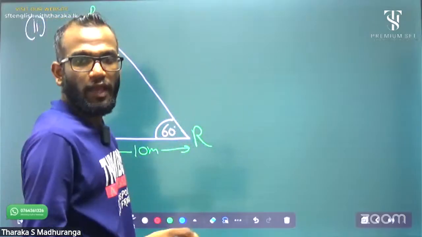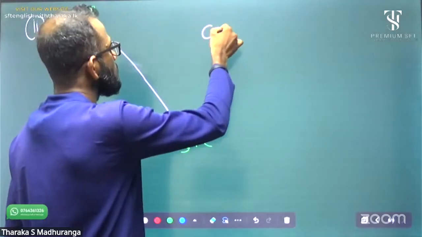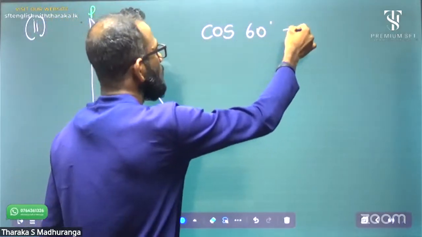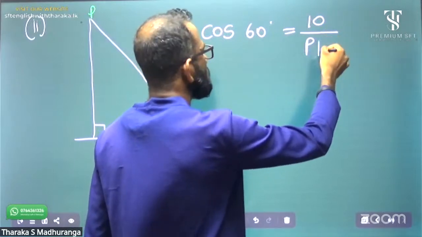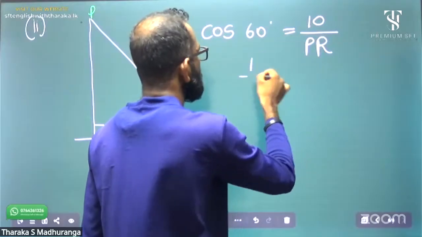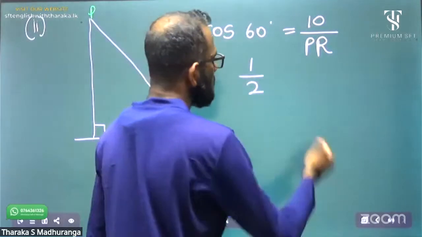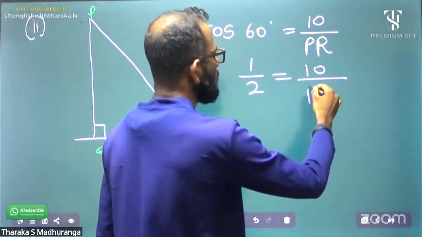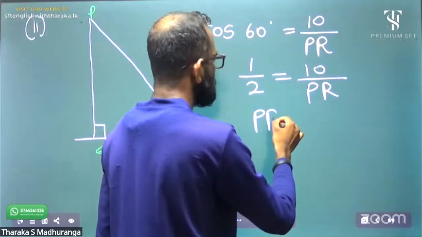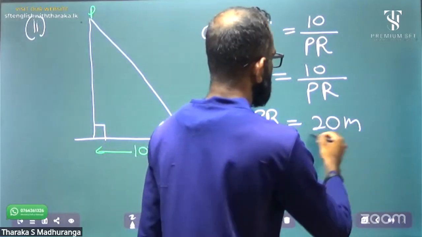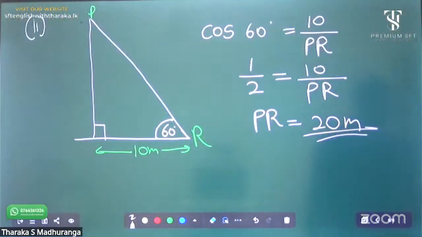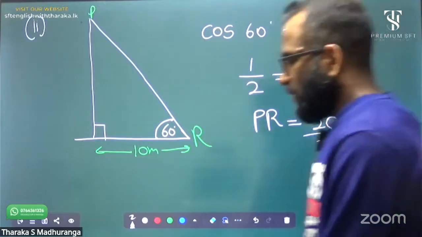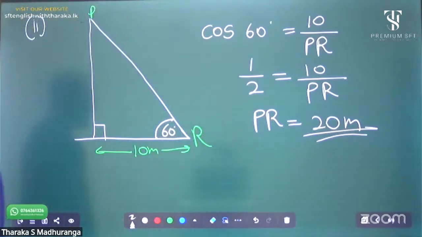Adjacent over hypotenuse, cos 60 equals adjacent 10 over hypotenuse PR. Cos 60 is half, as given in the above part. 10 over PR, then PR equals 20 meters. It's simple.